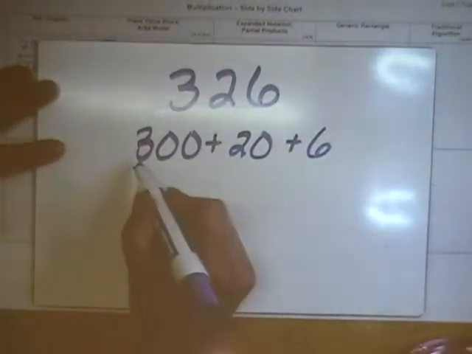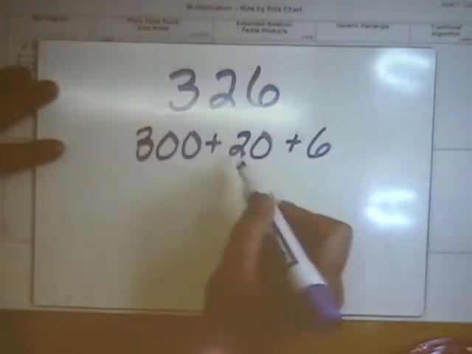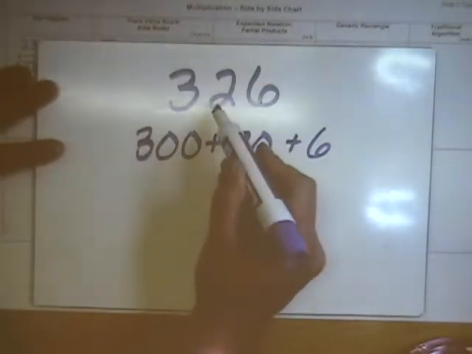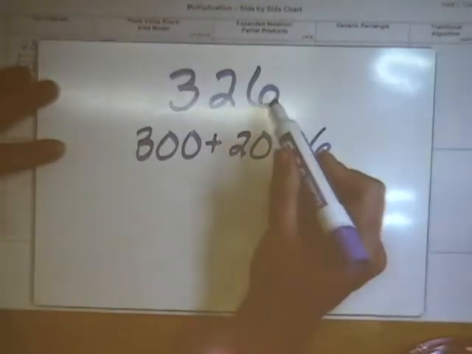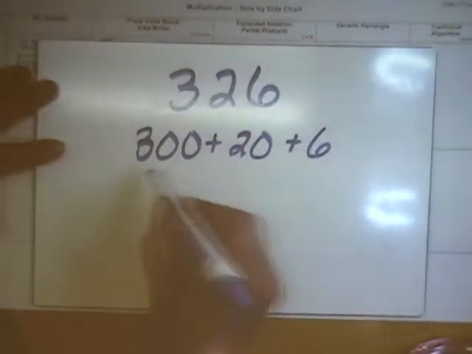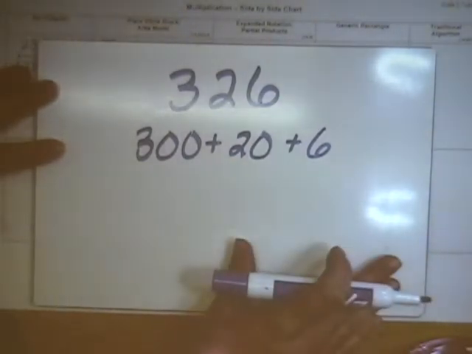So we have 300 for the 3-digit in the hundreds place, 20 for the 2-digit that's in the tens place, and 6 for the 6-digit that's in the ones place. 326, written in expanded notation, is 300 plus 20 plus 6.